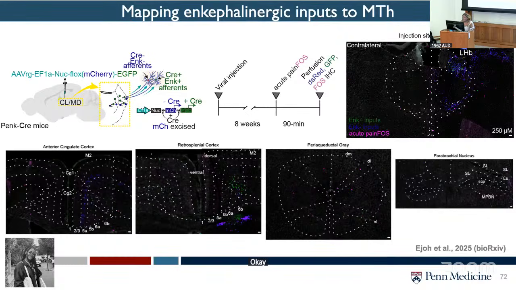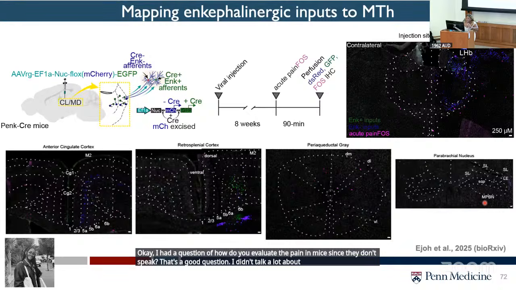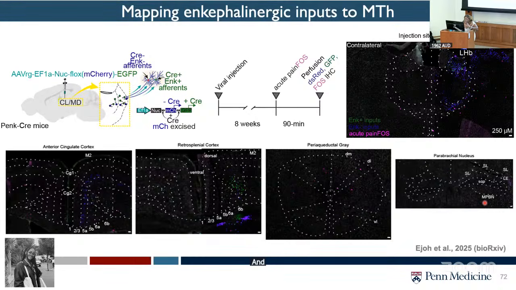Okay, I'm going to look at the Q&A. I had a question of, how do you evaluate the pain in mice since they don't speak? That's a good question. I didn't talk a lot about our pain behaviors. And were the mice's behaviors outside the experimental setup recorded too, and how did you evaluate those results?